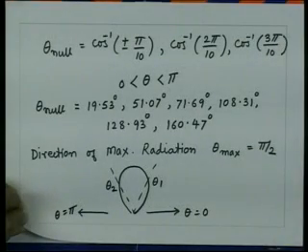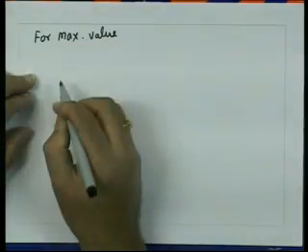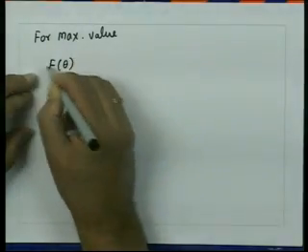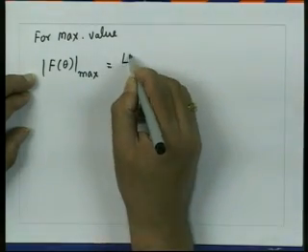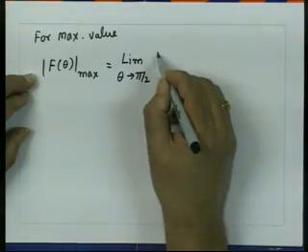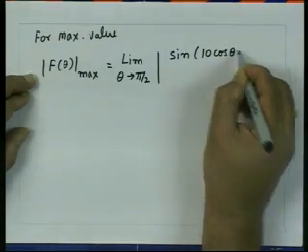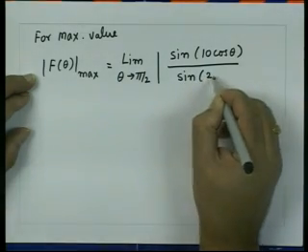So, for the maximum value of the function f theta, that would be the limit when theta tends to pi by 2 of this expression, which is sine of 10 cos theta divided by sine of 2 cos theta.